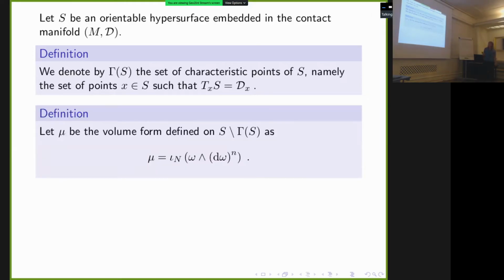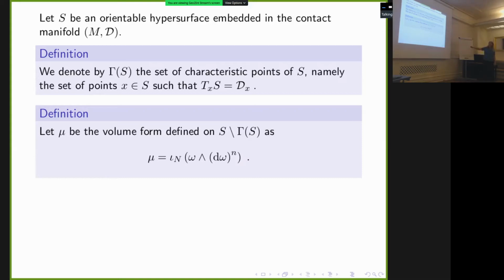Remember that I said this omega induces this volume form. Because omega is given uniquely through your contact sub-Riemannian manifold, this is a unique volume form. You can make sense of a so-called sub-Riemannian normal vector field to your hypersurface.